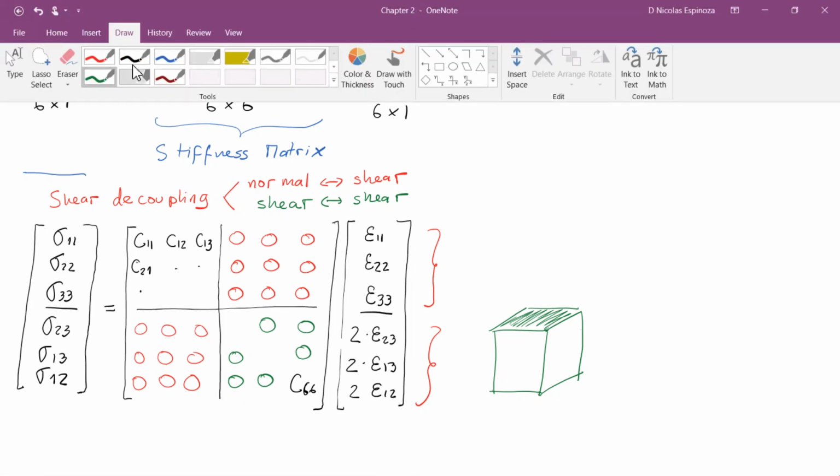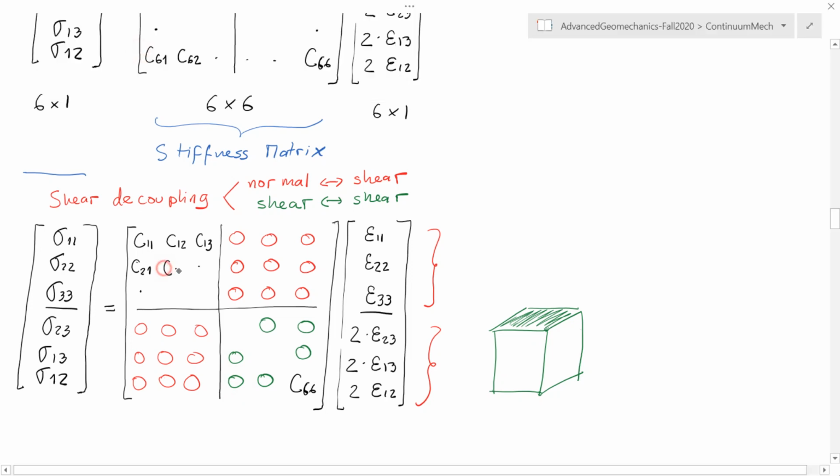Let me just complete the matrix. This is C22, C23, C31, C32, C33, C44, C55, and C66.